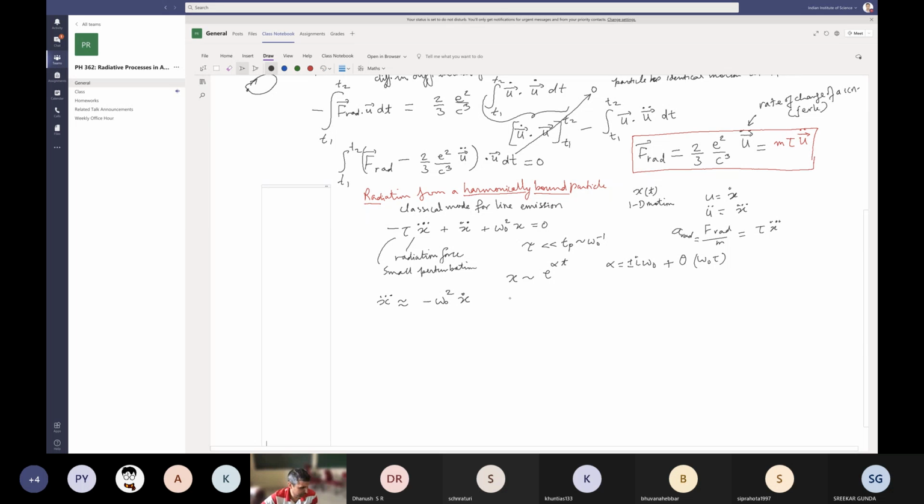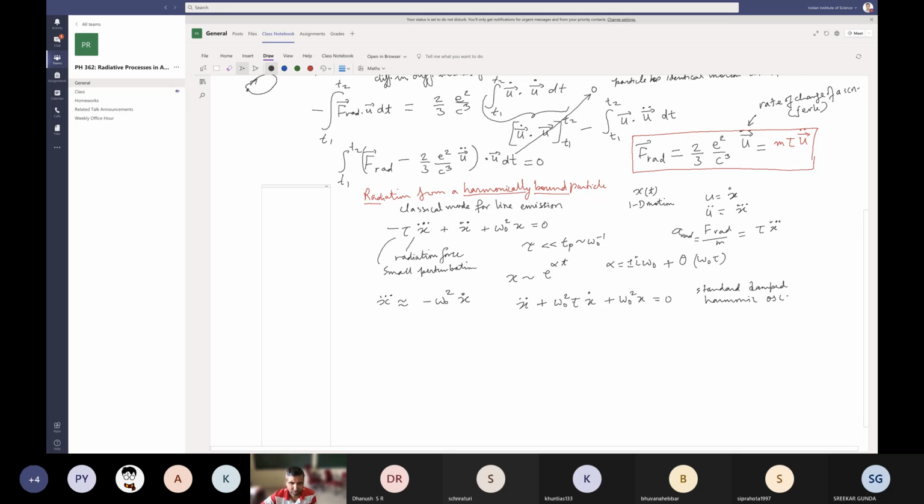damped oscillator. So let me write it down. This becomes x double dot plus omega naught squared tau x dot plus omega naught squared x equal to 0. So this is our standard damped harmonic oscillator.